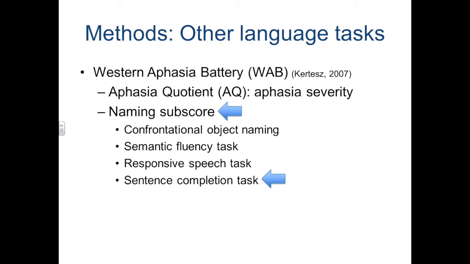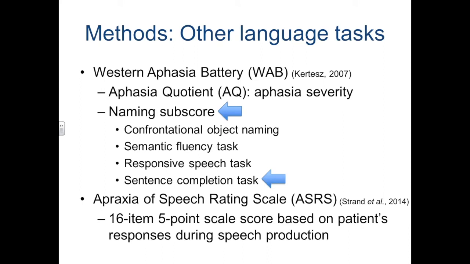Now, if we think about aphasia and how speech production can be impaired, apraxia of speech is another really important confounder. And so we use the Apraxia of Speech Rating Scale, which is a 16-item, 5-point scale rated by the interviewer based on a number of things.